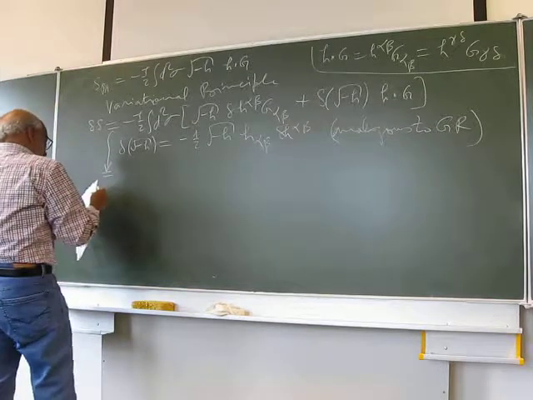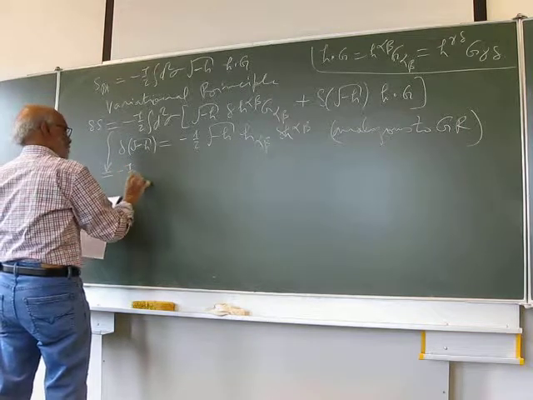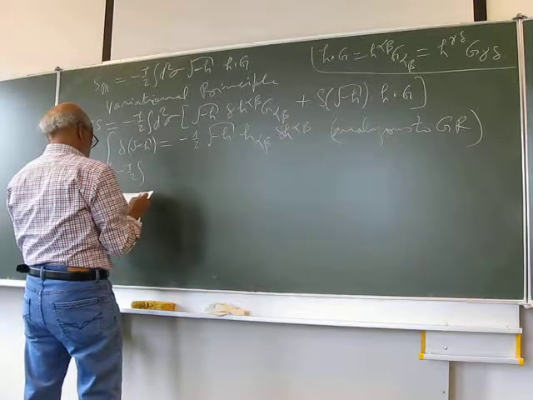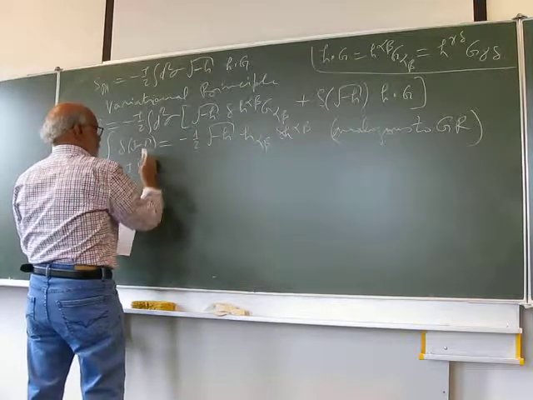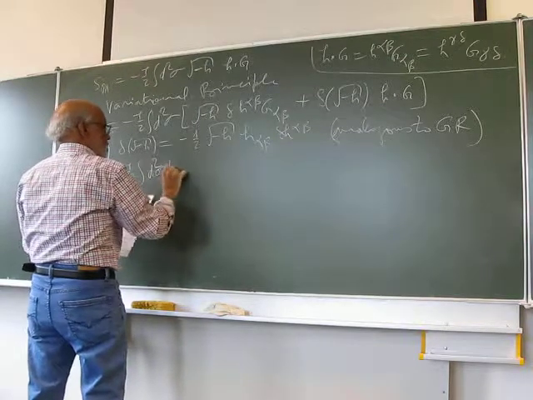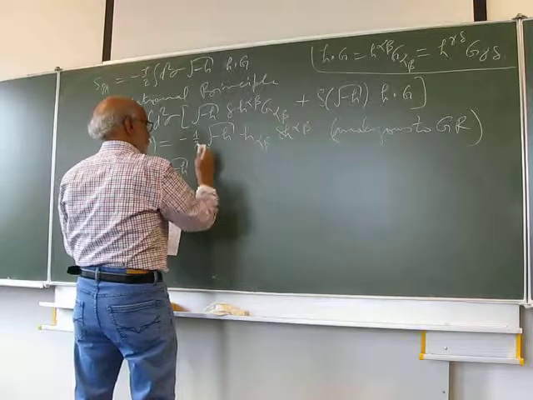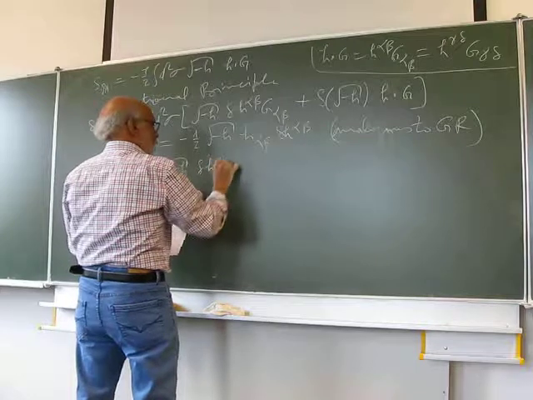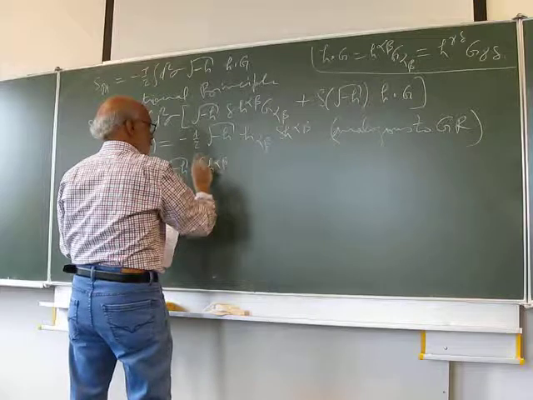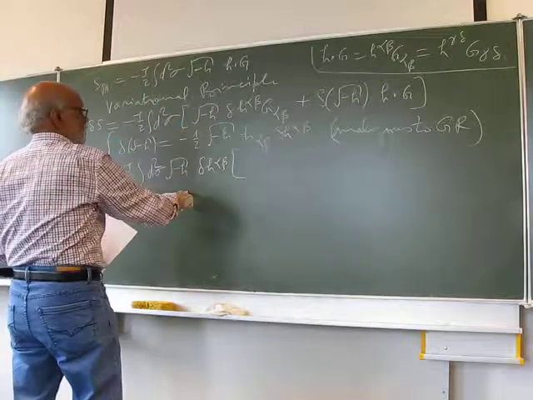So I have minus T by 2, I can make one step, d2 sigma square root of minus h delta h alpha beta. I take common, then this is gone, this is gone, this is gone, this is gone.